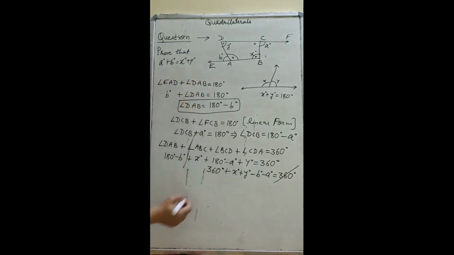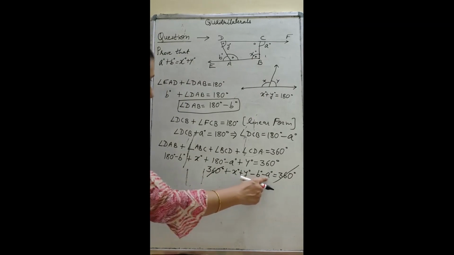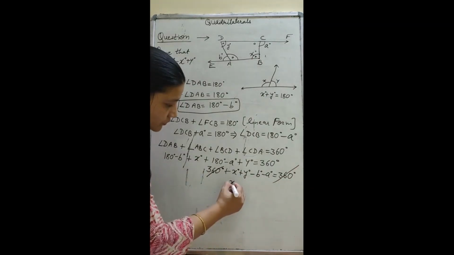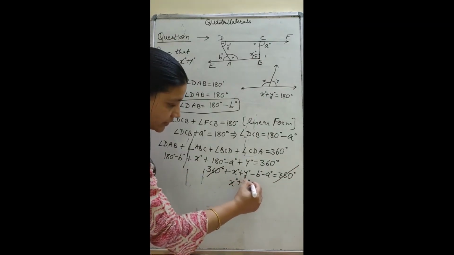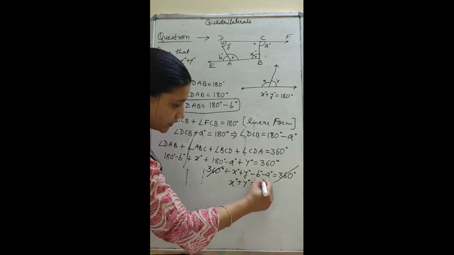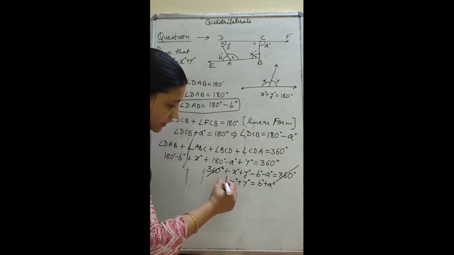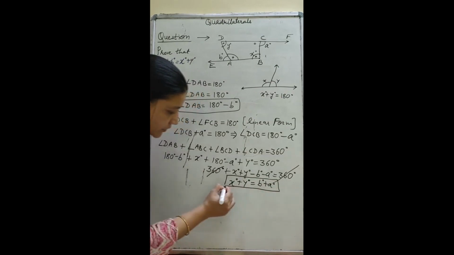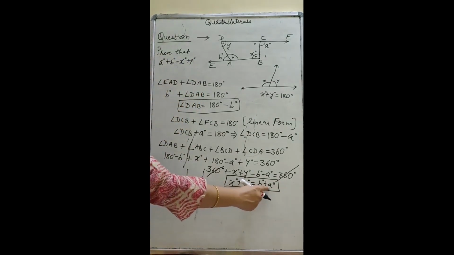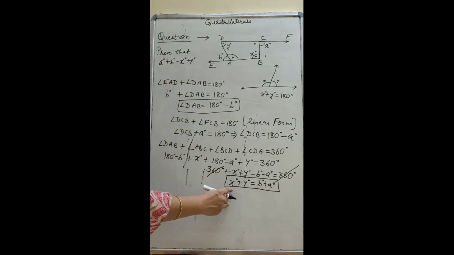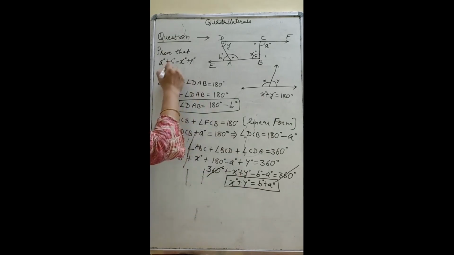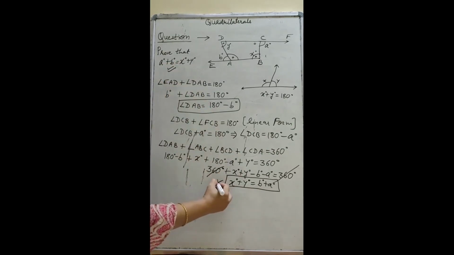This 360 is cancelled by 360. Now we move these two values to the right hand side. So we get X plus Y degrees is equal to B degrees plus A degrees. Hence it is proved that A degrees plus B degrees is equal to X degrees plus Y degrees. It is over now.